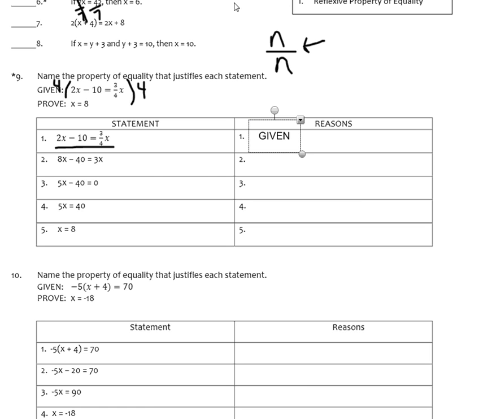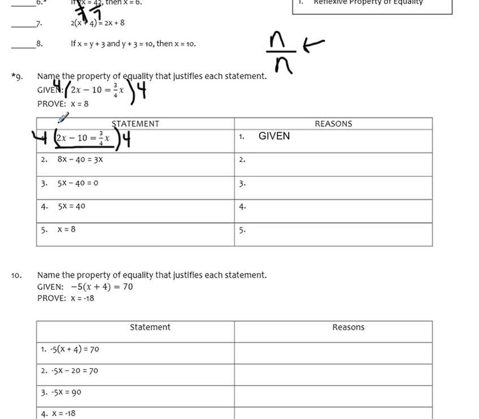Okay, so down here, number 2, the 2 gets bigger. It turns into an 8. The negative 10 gets bigger, turns into negative 40. And the 3/4 is no longer a fraction. It's a whole number here. So remember, how do we get rid of that division of 4? Well, we multiply everything by 4.